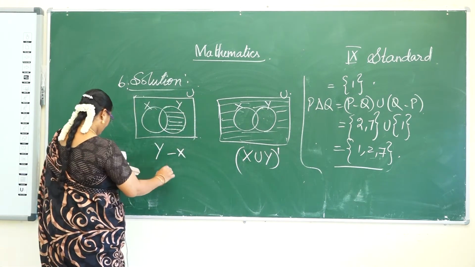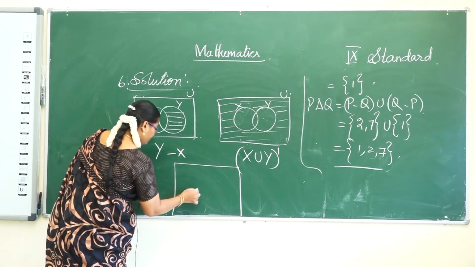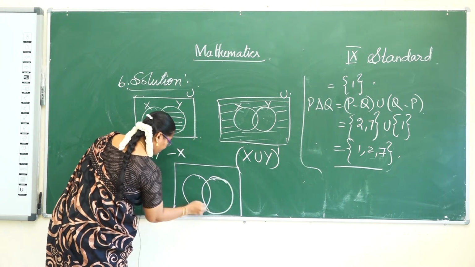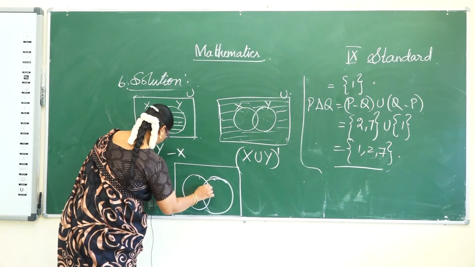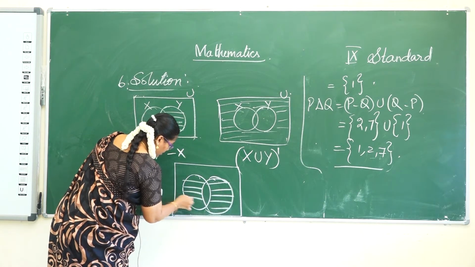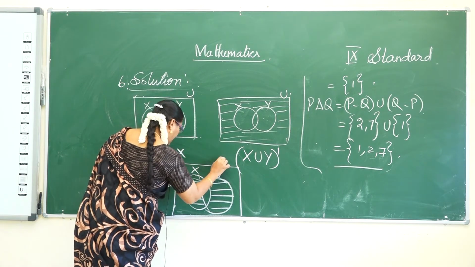And then the third one. These two parts only are shaded, X, Y and universal set.